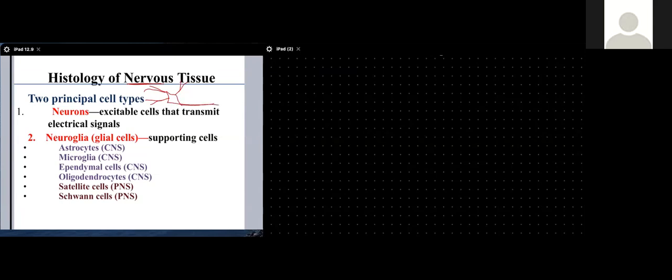We call those nerve cells or neurons. And in the background, if you remember, we did see nuclei within cells, and we called them back in chapter 4 the supporting cells. Not sure if you remember this.